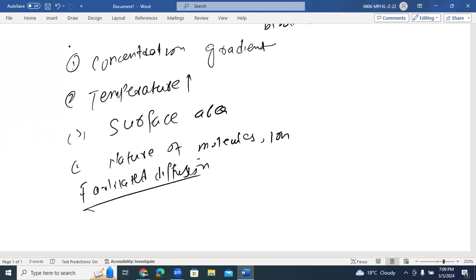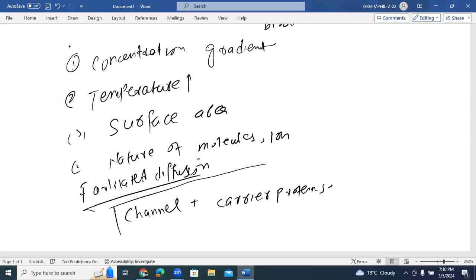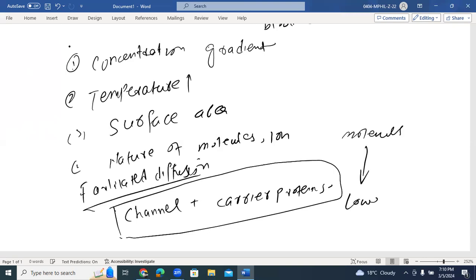Facilitated diffusion is very simple. Channel plus carrier proteins, these two factors will help the movement of molecules from higher concentration to lower concentration.